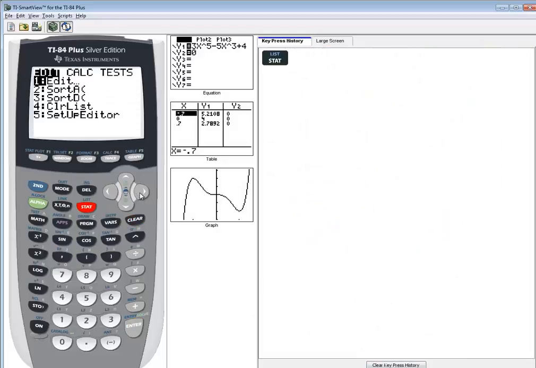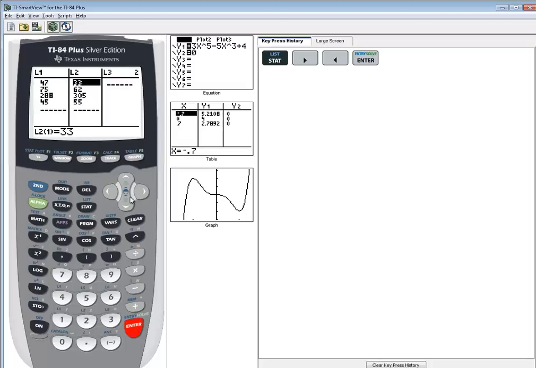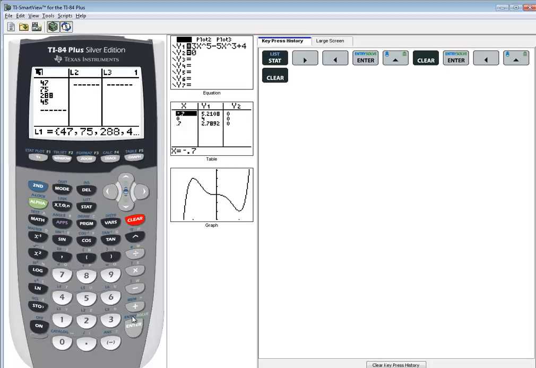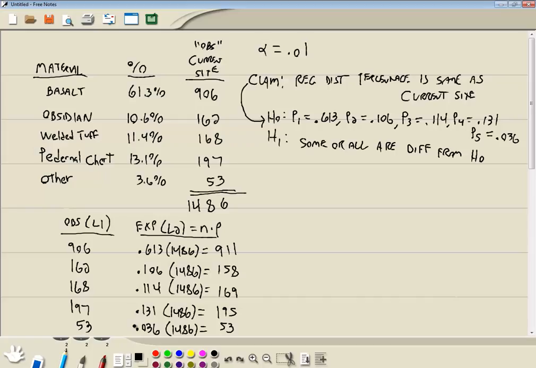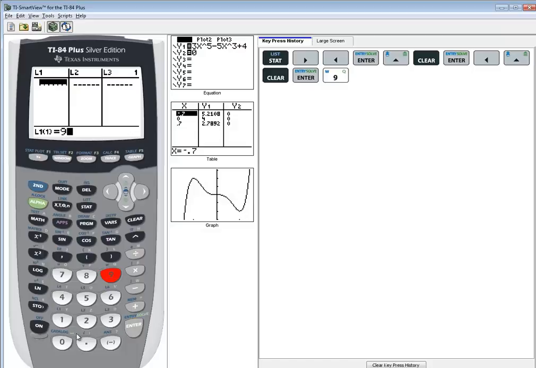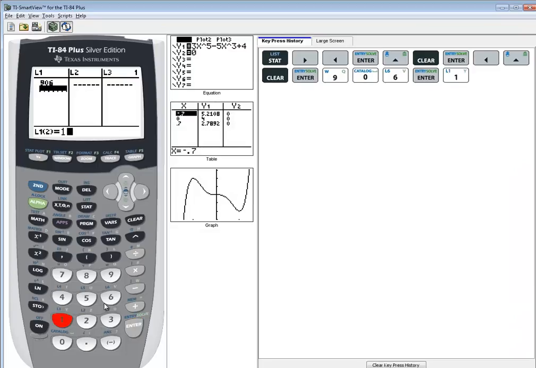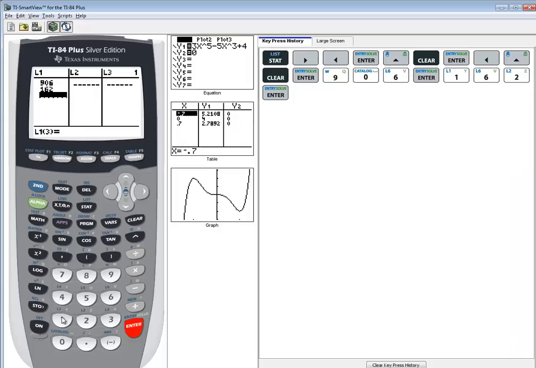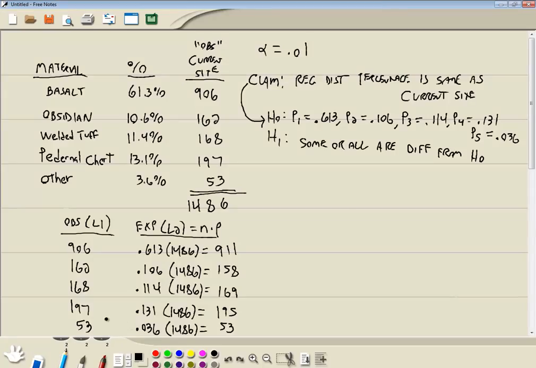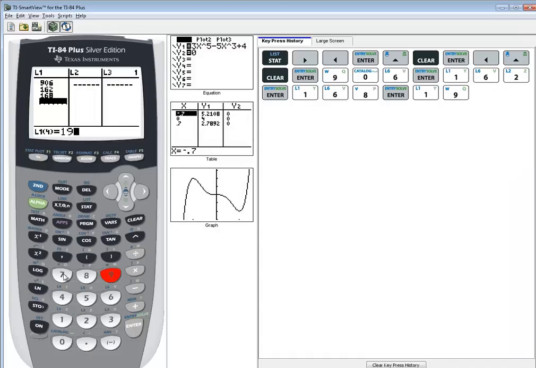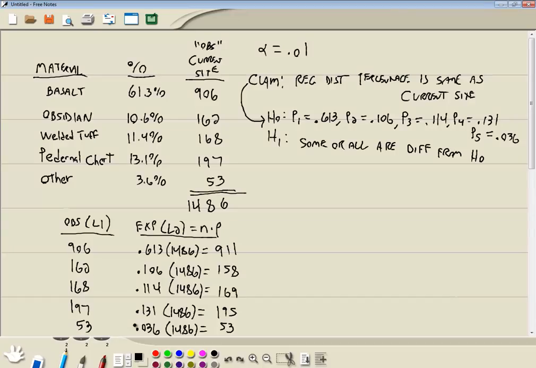So go to stat, go to edit. Okay. I'll clear out those two lists. In L1, we'll have our observed. So we got 906, 162, 168, 197, and 53.